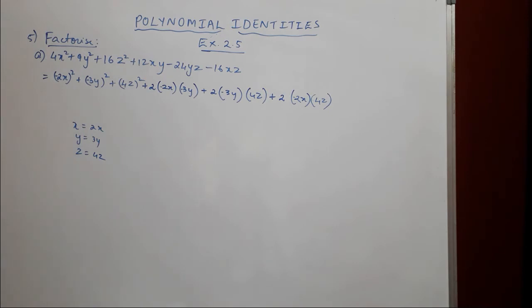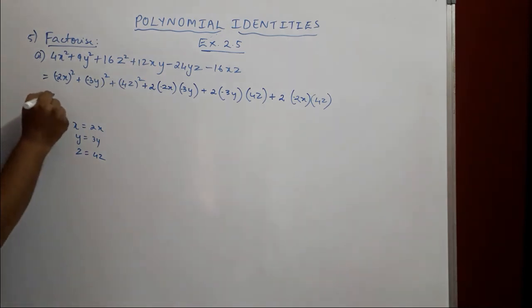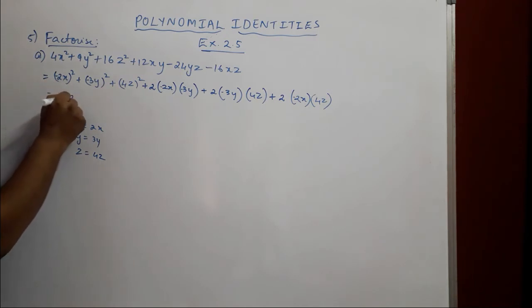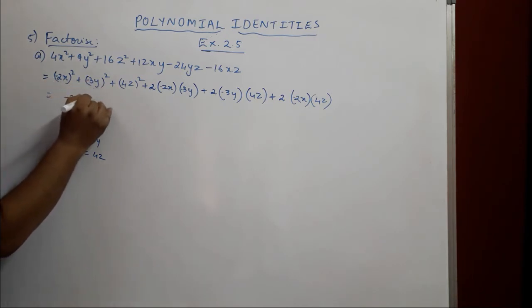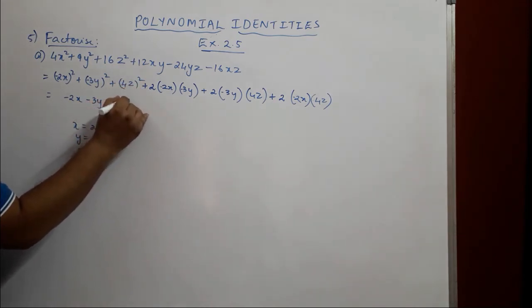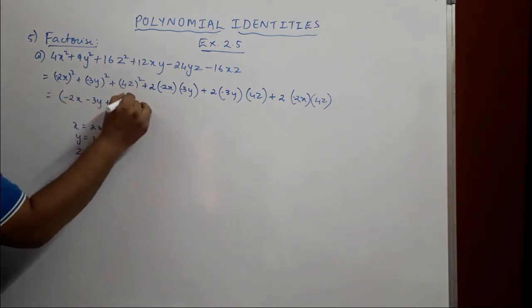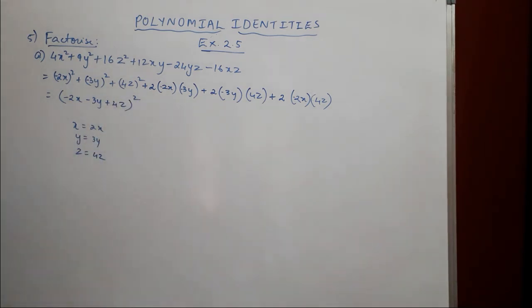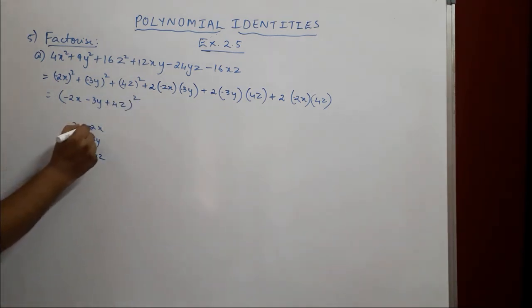Okay, so if we go by this, this is what we'll get. That means our x is minus 2x, our y is minus 3y, and our z is positive 4z, and this can be said as equal to the whole square. It means this is negative, this is negative.